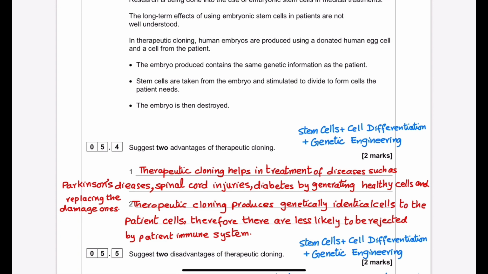The second disadvantage, you can write this in your answer: the process of therapeutic cloning is complex and technical, which increases the chances of error and complications in the body.